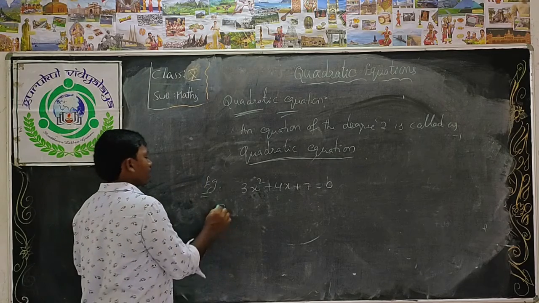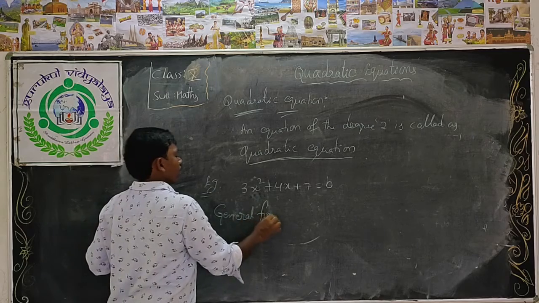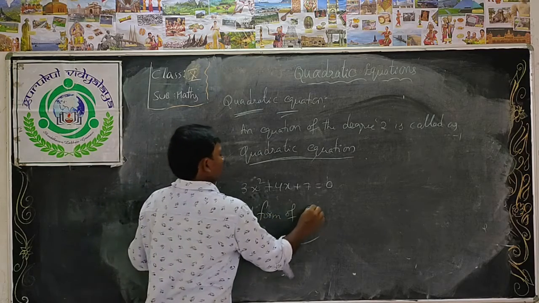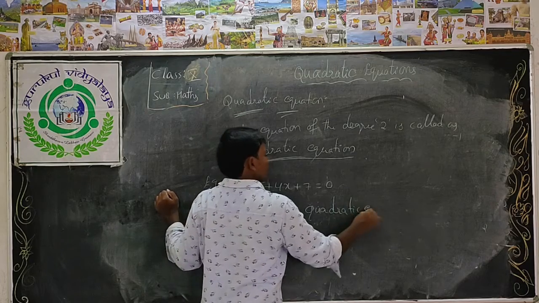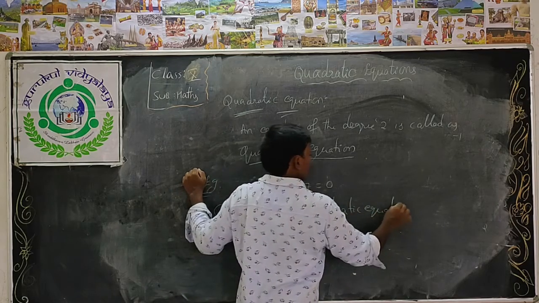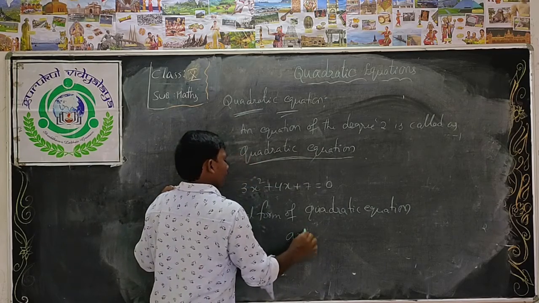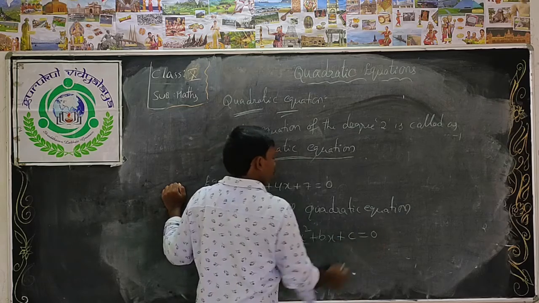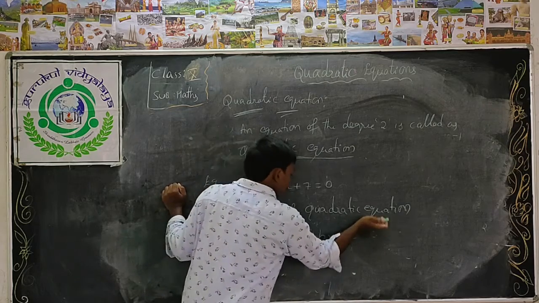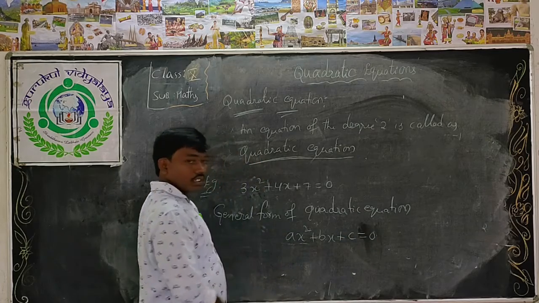This is an example for the quadratic equation. Okay. Now I will tell the general form. General form of a quadratic equation is ax square plus bx plus c is equal to 0. If there is no 0, it is called a polynomial. With 0, this is an equation, a quadratic equation.